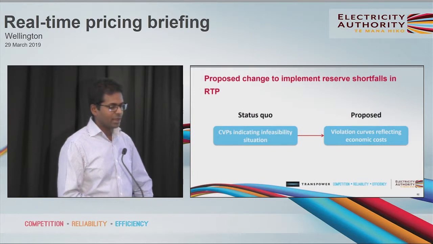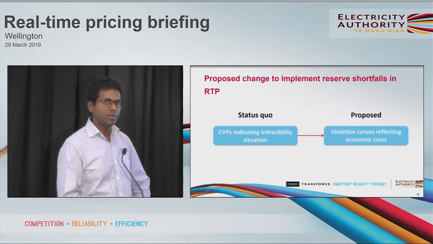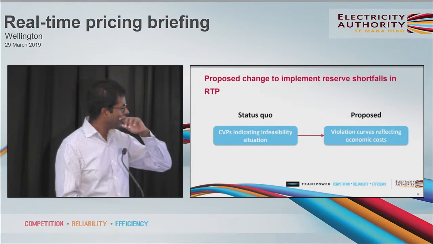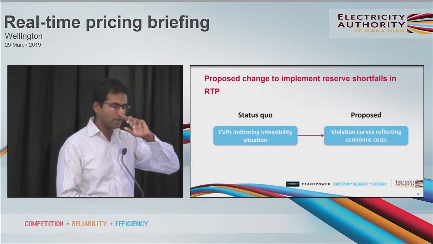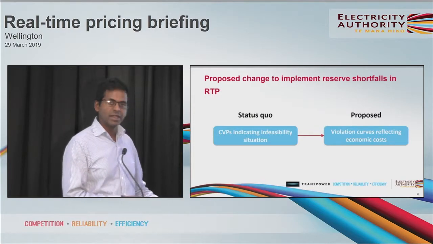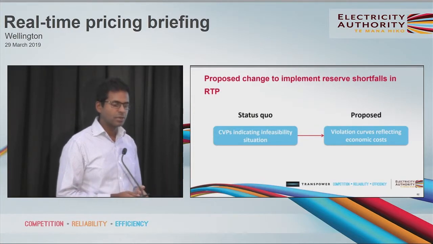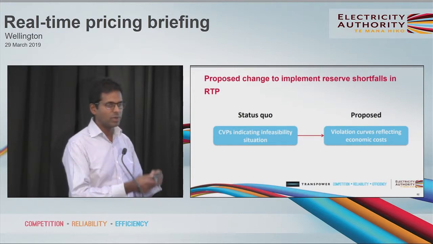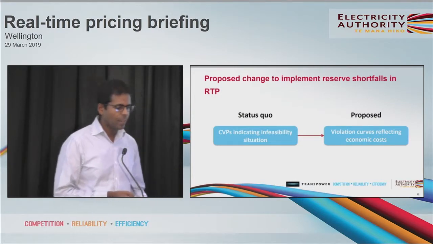What it probably means is that the first thing we want to do is move the CVPs away from infeasibility indicators to economic indicators. That was the first thing envisaged, closing this gap, closing this loop, so SPD can churn through and start producing prices.